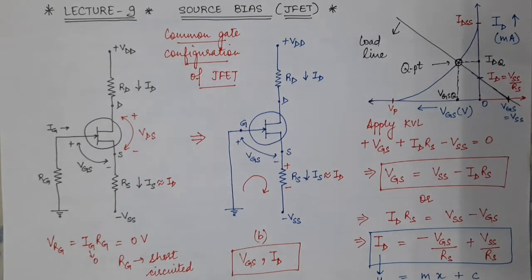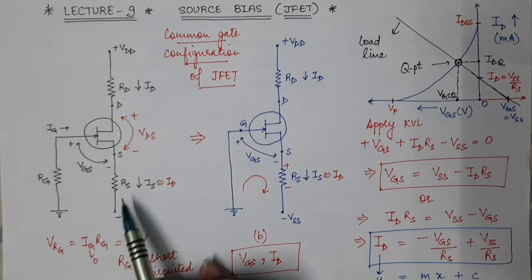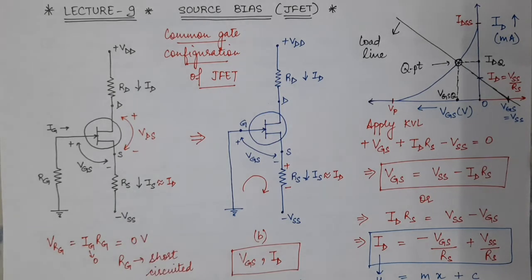So by changing the value of VSS or RS, we can make this Q point lie in the middle of the characteristic curve, so that proper or faithful amplification occurs and no part of the input signal or the output signal gets clipped during amplification. So this is all about source biasing.